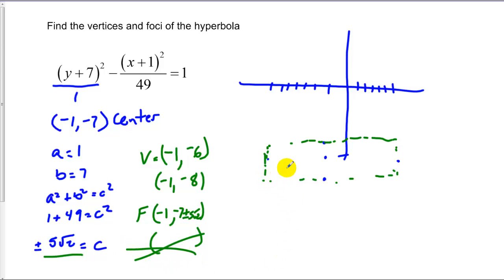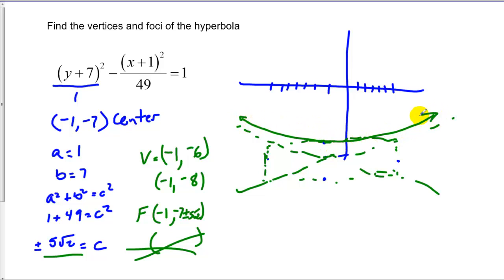Then if I wanted to finish sketching this, I could draw my asymptotes through that center point, even though I'm not asked to sketch them in this case. And then I draw my hyperbola such that it goes through the vertices and approaches the asymptotes, again making sure it opens up and down.